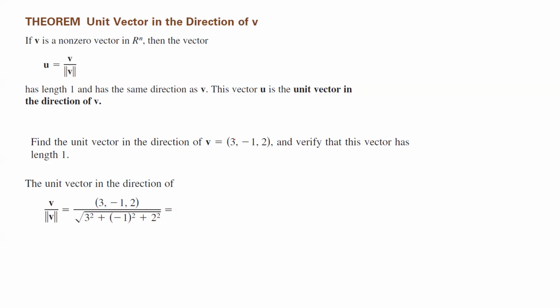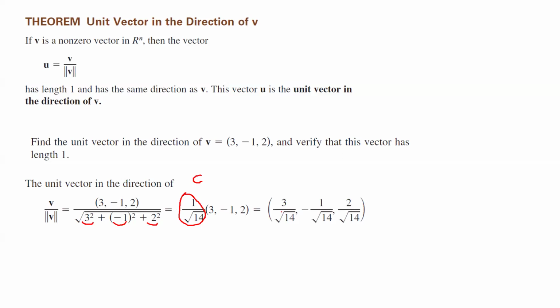You take the very first component, raise it to the second power. You take the second component, raise it to the second power, and you take the last component, raise it to the second power, add them all together. It becomes 1 over square root of 14, which is a scalar. Guys, this is your c. c times v: 3, -1, and 2.